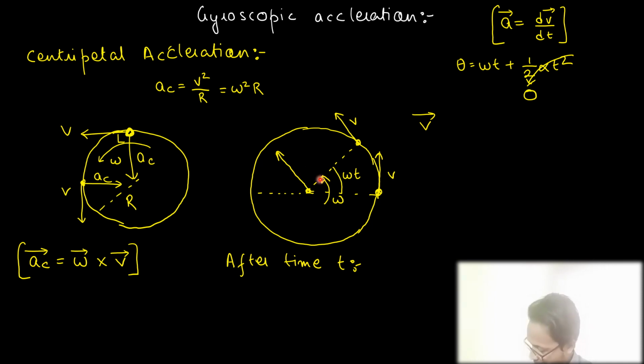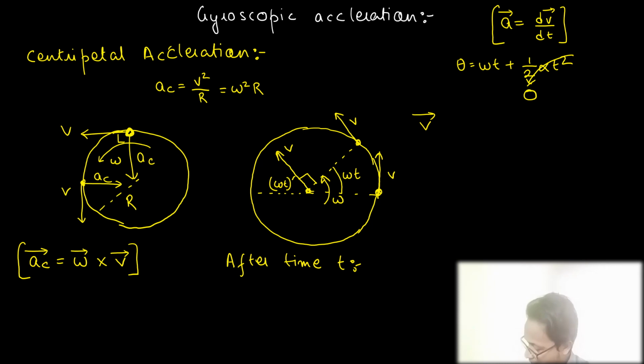How much is this angle? This angle is nothing but 90 degrees, the same as this angle because I shifted this line parallel out here. So this is 90 degrees, and this entire line makes 180 degrees. So if this is omega t, and this is 90, this should be 90 minus omega t. I'm writing 90 minus omega t as omega t dash, and this is the velocity vector.